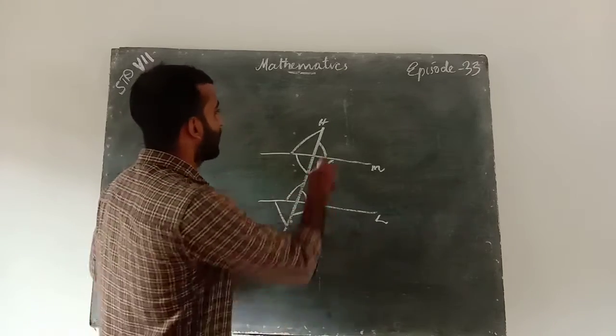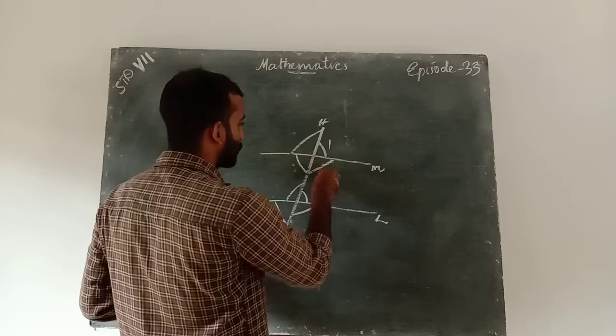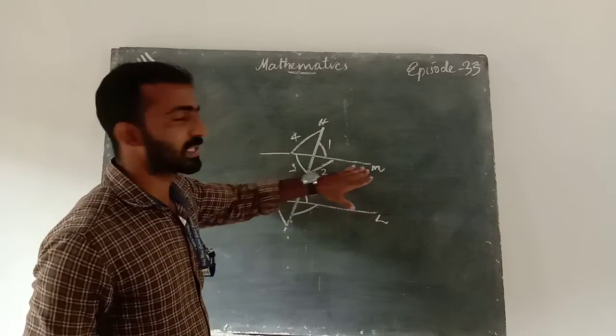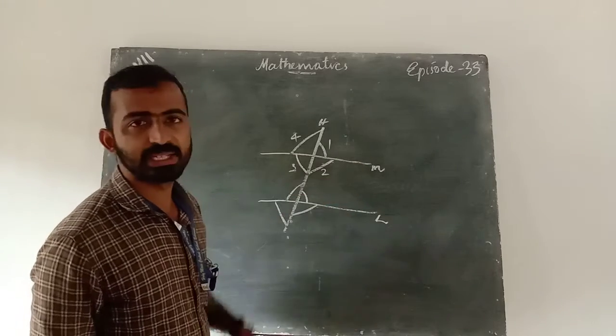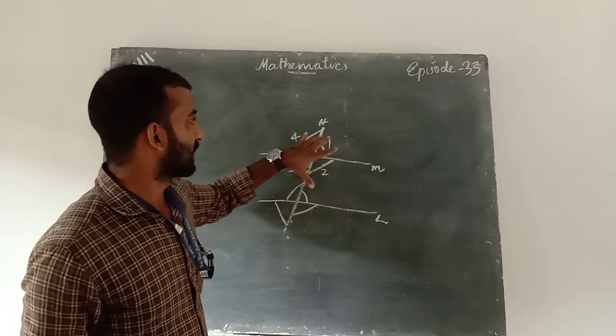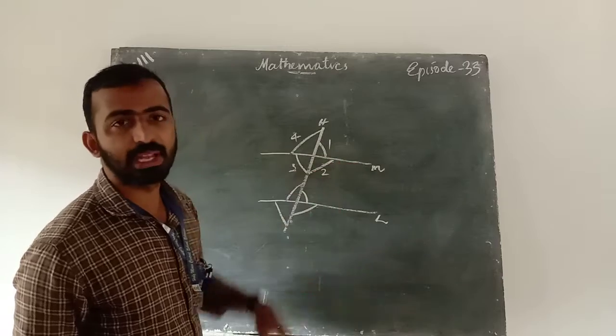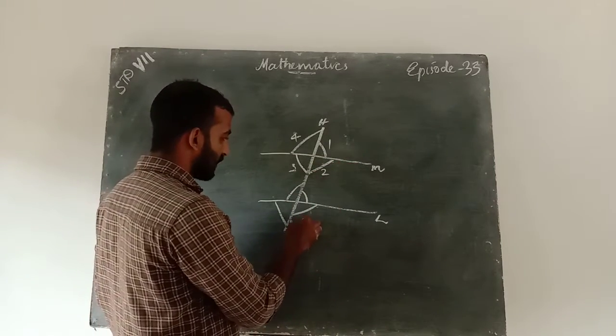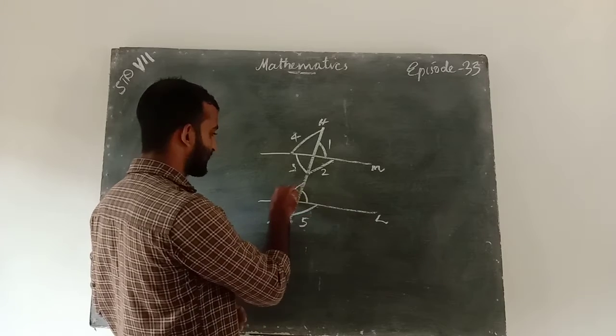We can count 1, 2, 3, 4. Four angles are made by the transversal line H with M. Here also we can count 5, 6, 7, 8.